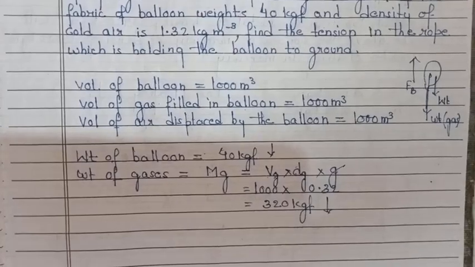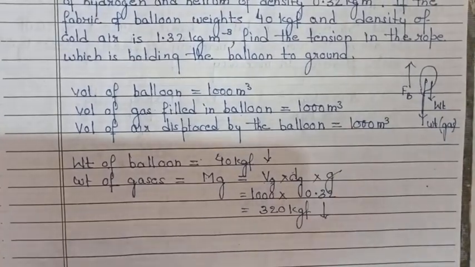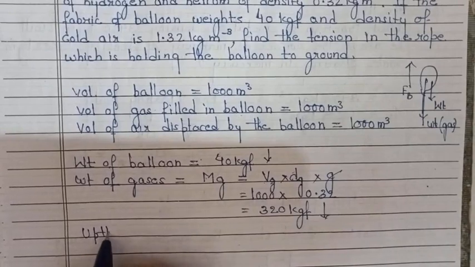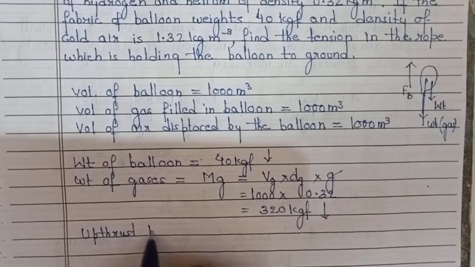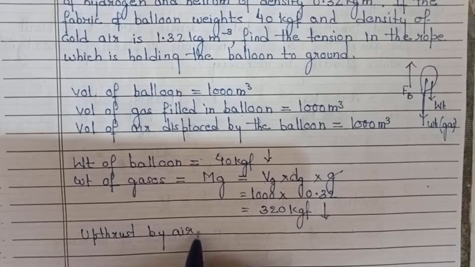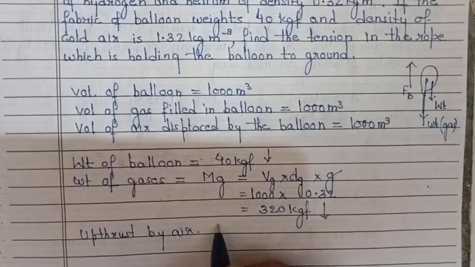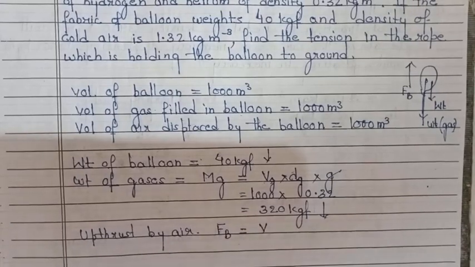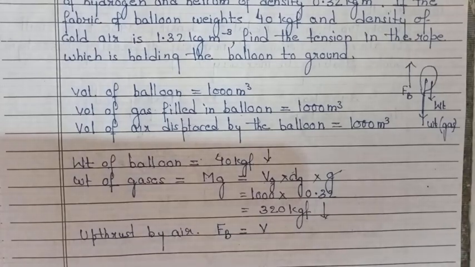One is the weight of the balloon, the second one is the weight of the gases. Now there is one more force acting on the balloon, and that is upthrust. So let us calculate the upthrust by air. Now to calculate the upthrust, we must know the volume of the air displaced. Whichever fluid is exerting upthrust, you must know the volume of that fluid displaced. So here air is exerting upthrust.